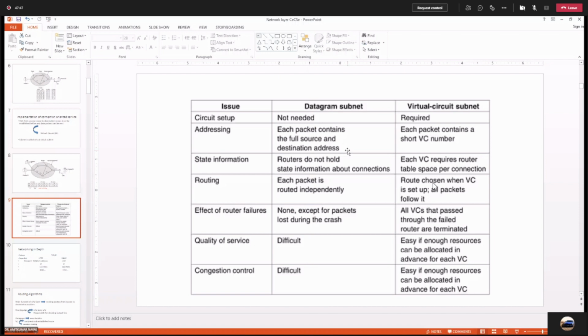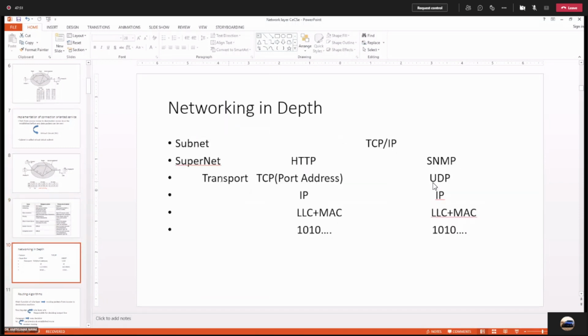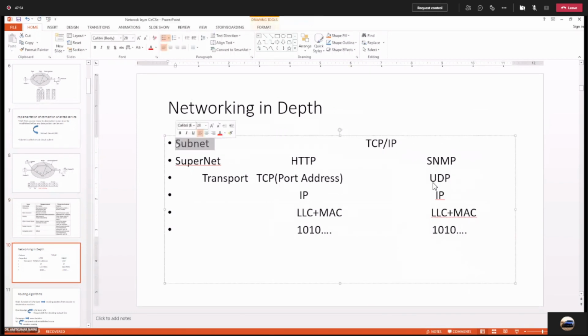In this particular session, I will try to complete subnet and supernet, the difference between subnet and supernet, and then I will end this session because it requires approximately 5 minutes to discuss the definition of subnet and supernet, and when the network administrator follows the subnetting approach and when the supernetting approach.